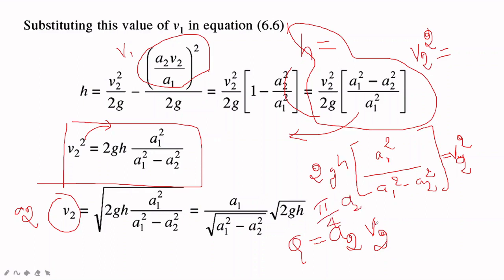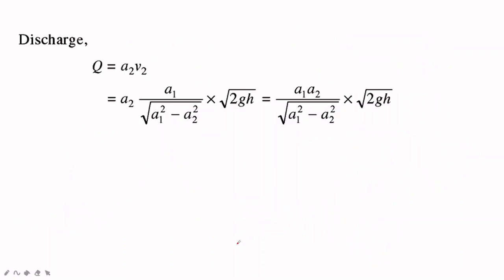So v2 value is a1 by root a1 square minus a2 square into root 2gh. So discharge q is equal to a2 v2, that is a2 into a1 divided by root of a1 square minus a2 square into root 2gh, is equal to a1 into a2 divided by this one into root 2gh. So we are getting the formula for q.